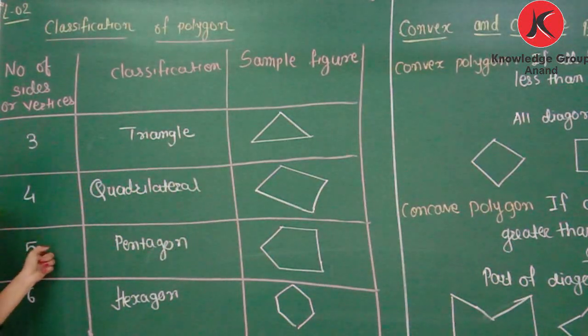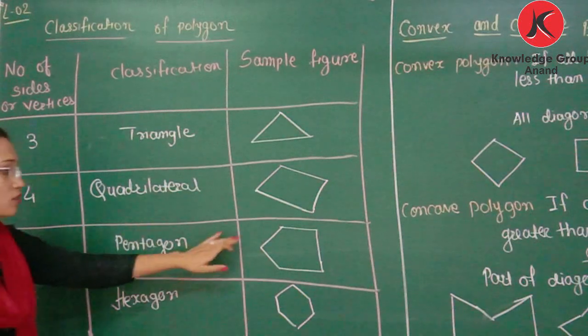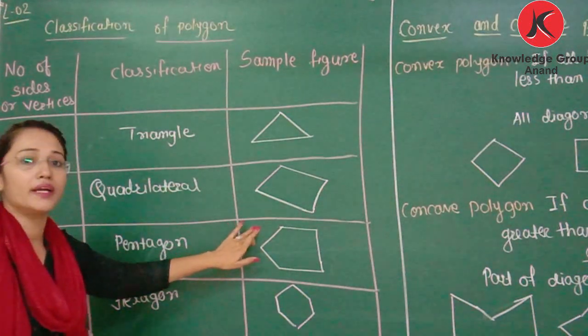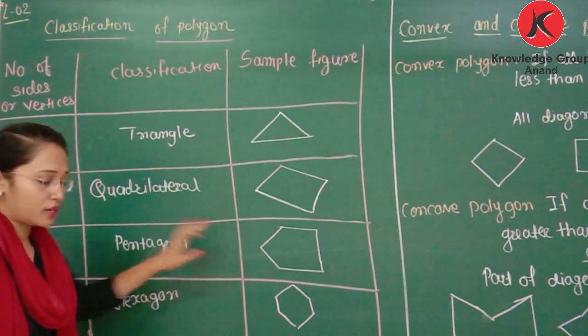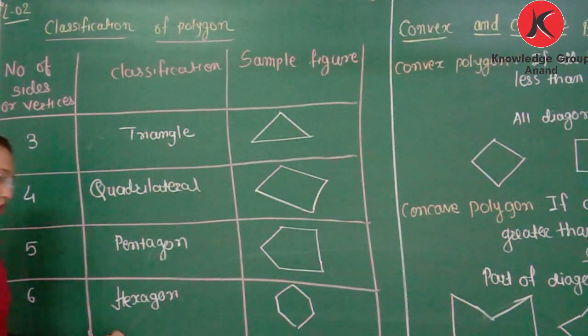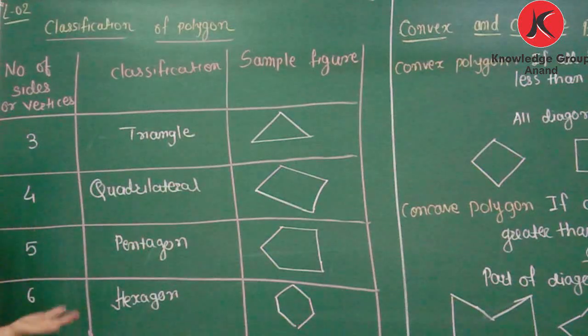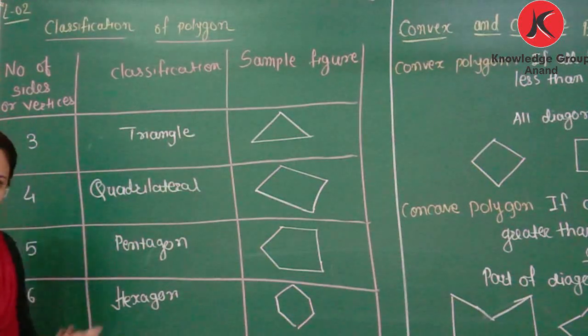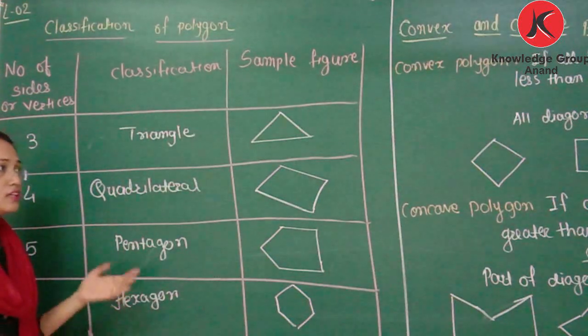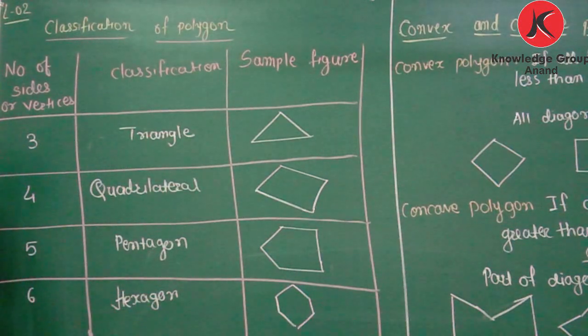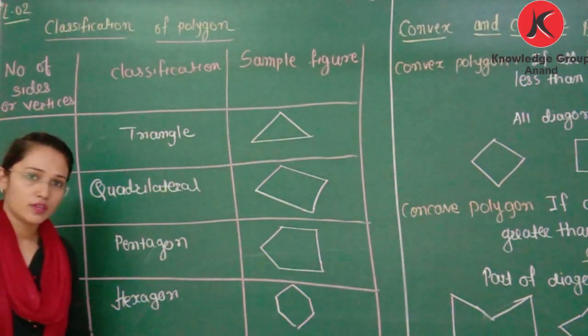If it is 5 sides, then it is called a pentagon. You can draw any shape for a pentagon, but it must have 5 sides. Now 6 sides is a hexagon, here is the shape of a hexagon. In this way you have the octagon, which means 8 sides, and the decagon, which means 10 sides. Likewise, you can draw any polygon with the given number of sides.